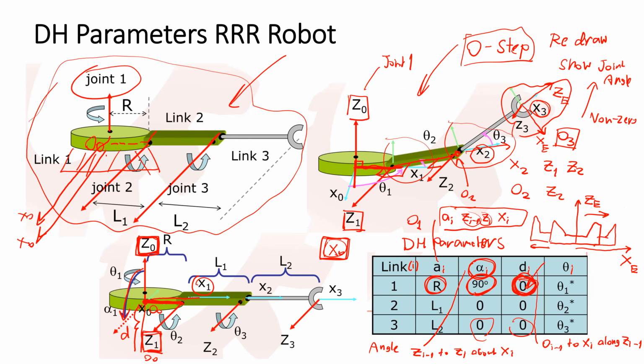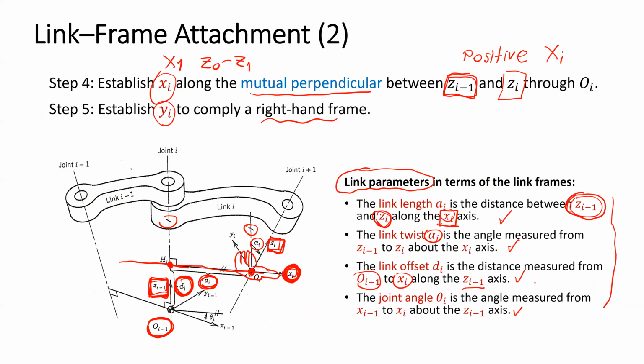The last parameter is the joint angle. The joint angle is the angle difference between the x direction from Xi minus 1, in this direction, to Xi in this direction. And the joint angle is measured about the Zi minus 1 axis, about this axis.